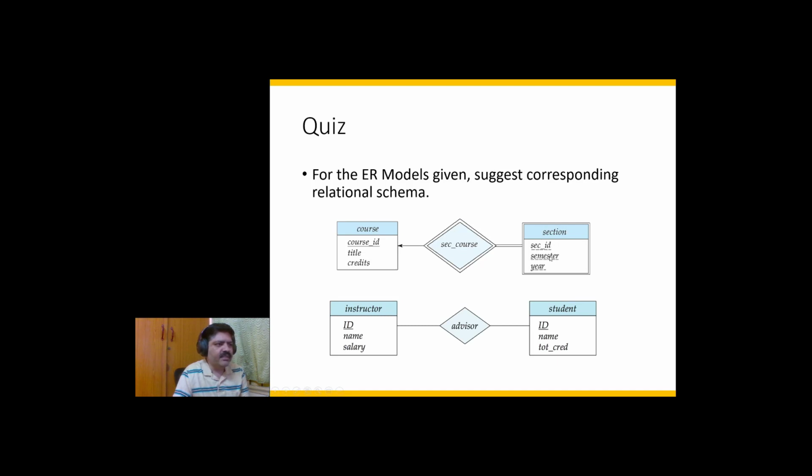Section is identified by section ID, semester, and year, and the relationship set in which the weak entity participates is represented using a double diamond as shown here, and we have labeled this relationship as sec_course. So how would this convert into a relational schema? So let's take a look.